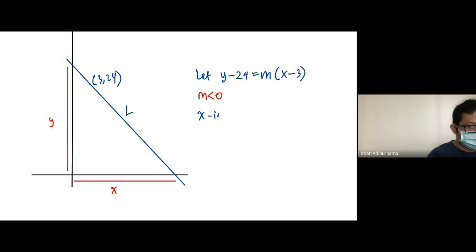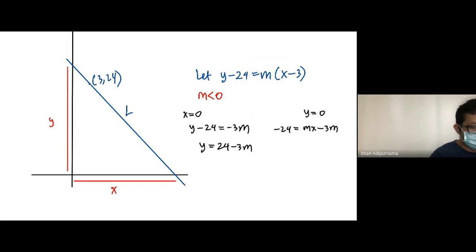Let me write it more clearly. So when x is 0, and when y is 0, okay. Now we have these two equations for x and y.